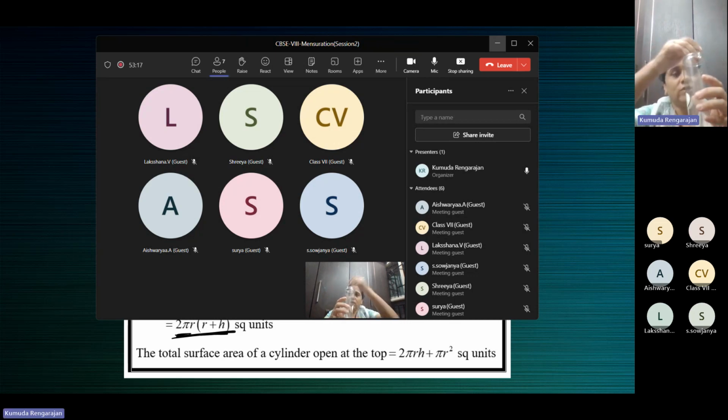Then you want to paint the top, but there's nothing on the top. Where will you brush? Nowhere. There's no material. But if there is this lid, then you can brush this part. So whenever you find area, you should find the area of all those surfaces where the material is used. If there's no material there, you cannot find area.